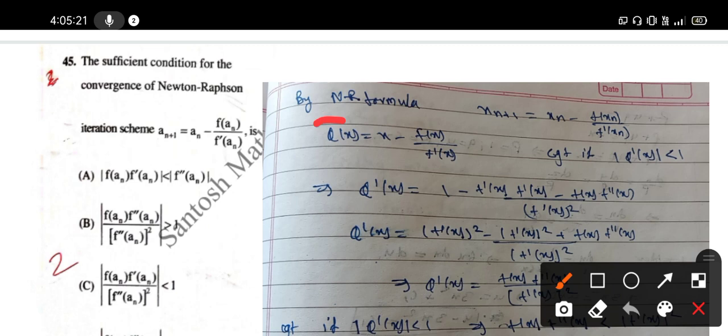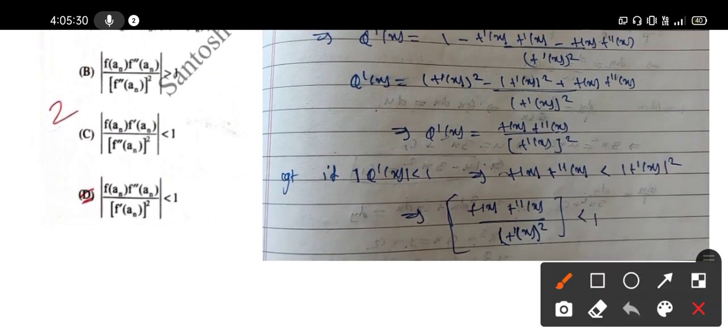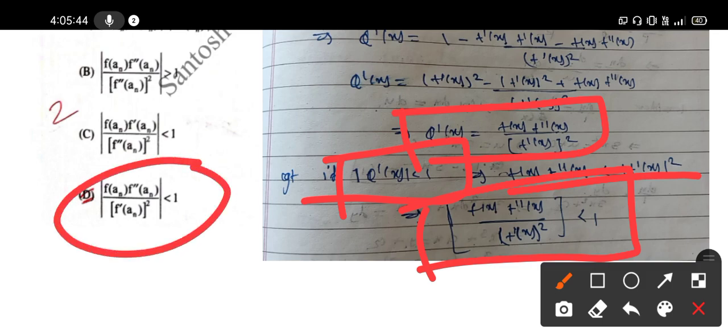Let phi of x be equal to x minus f of x upon f dash of x, and differentiate. Finally we get this result. From this result, phi dash of x is less than 1, that is, f of x times f double dash of x upon f dash of x whole square is less than 1, so option D is correct.